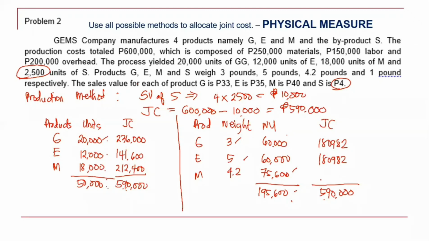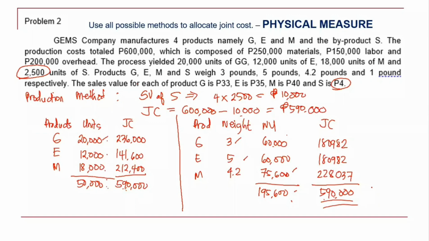So that would be 228,037. So medyo may difference lang due to rounding off. Okay, parang lagpas ng piso yung total natin. So that would be okay. Piso lang naman yon.